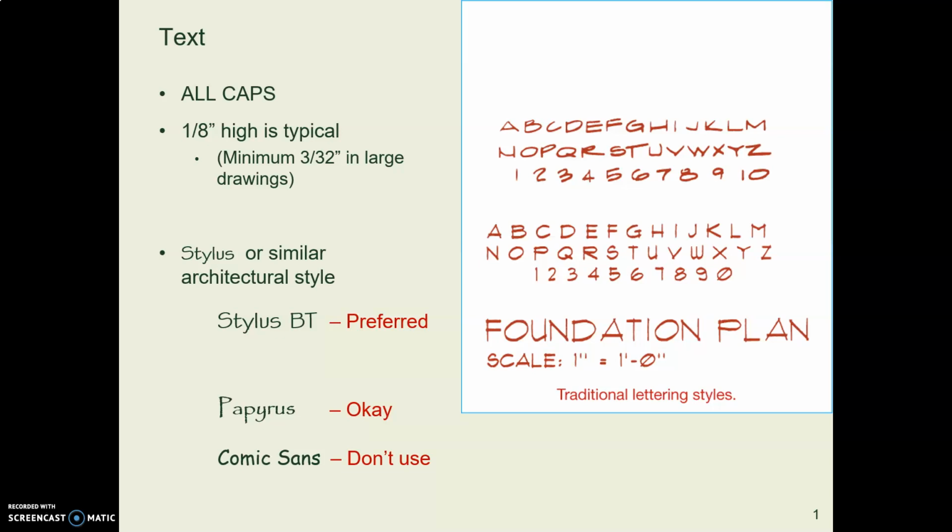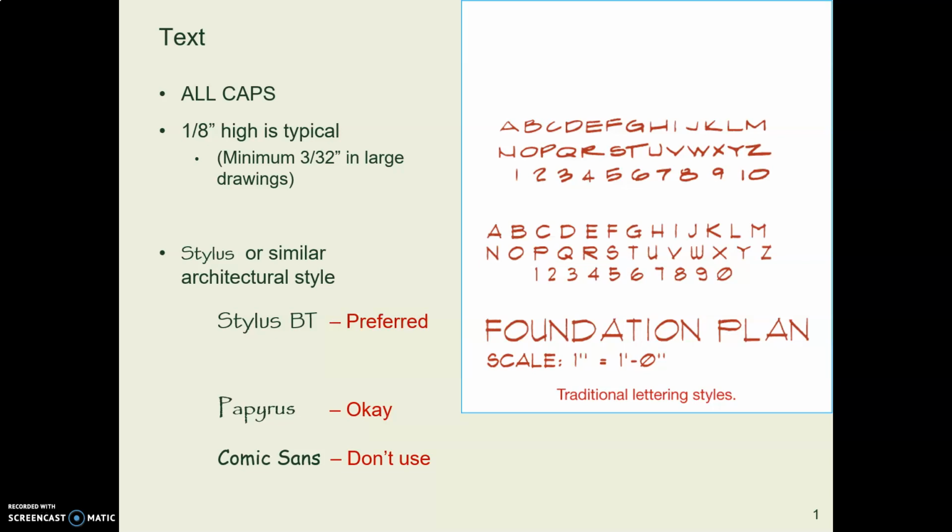You will see a couple of other typefaces that you probably should avoid, but I'll tell you about them. One of them is Papyrus, and that is available in AutoCAD. Some people like that because, as you can see there, it's kind of arty looking and it looks kind of like architectural lettering. It has some problems though.